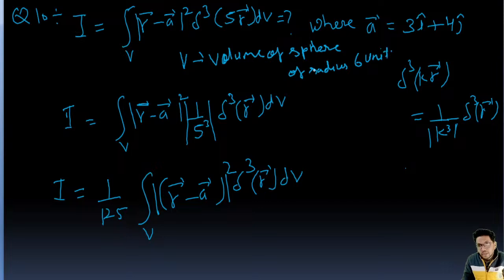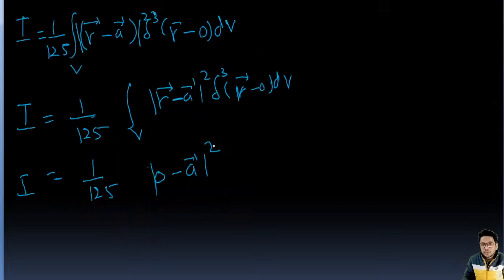This is also given in the question, so we can use this: 0 minus vector A mod square, mod A square, and this is going to be 1 upon 125, 1 upon 125. This is mod A square.